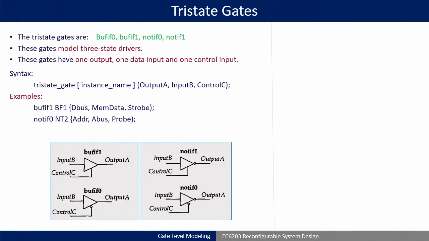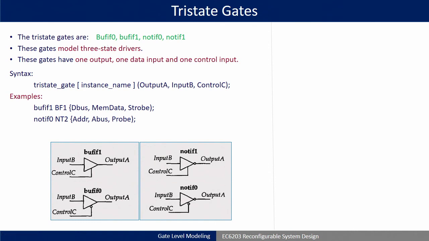The next is the tri-state gate. In this particular gate we have buff if 0, buff if 1, not if 0, not if 1. The 0 and 1 indicate the control input. If it matches the control value then the data will pass, if not then it is high impedance.